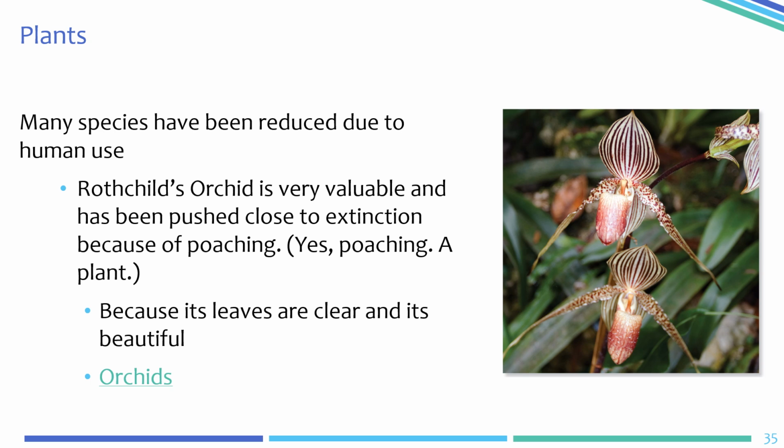They grow very slowly. They're very hard to grow. And according to the internet, because I don't know too much about these guys, their leaves are clear and they are collectors' items in the plant world because they're just so pretty and so interesting. So it's not just animals. Plants can be affected by overexploitation as well.